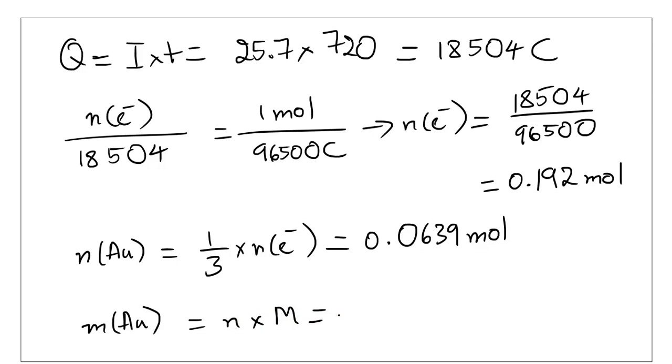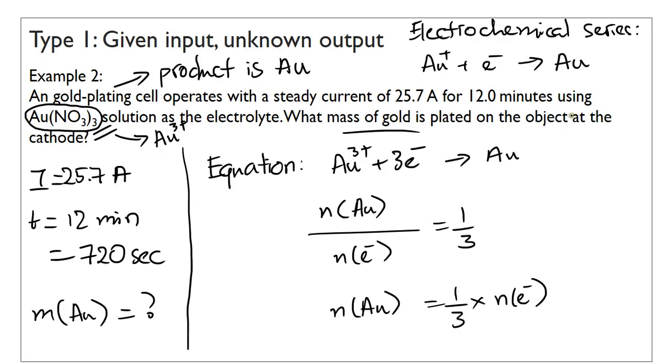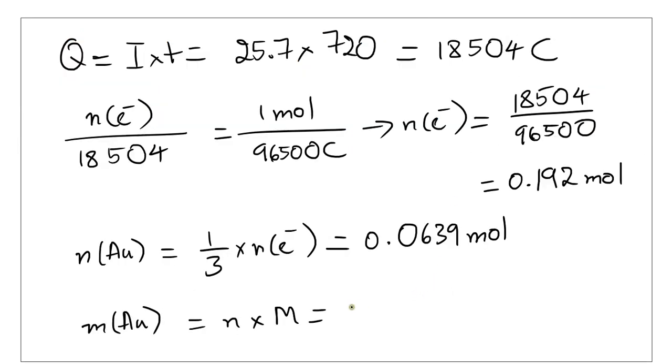Okay, what is gold? I should know 197 grams per mole is gold. Alright, and go back to 3 significant figures for the final answer. So 12.6 grams. I hope I don't make a calculation error, but maybe I did. Alright, so that's example 1 and 2.